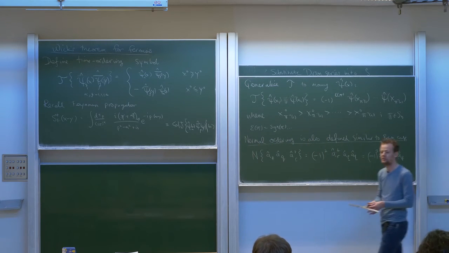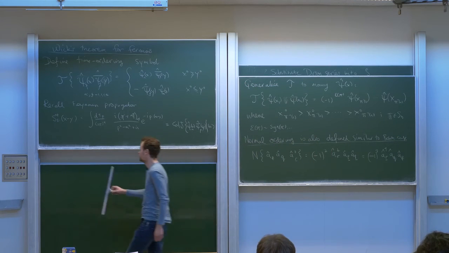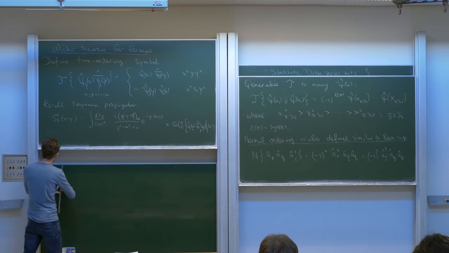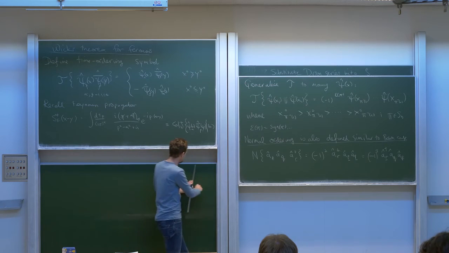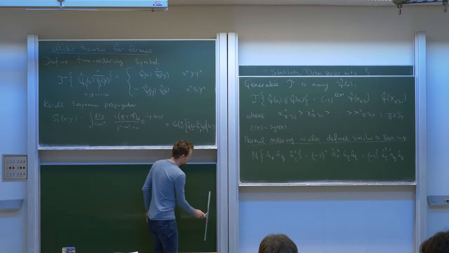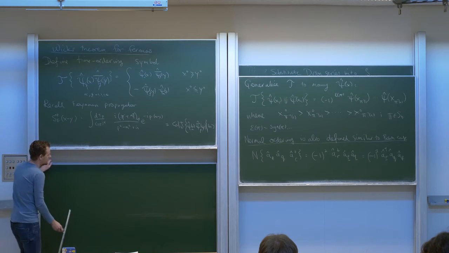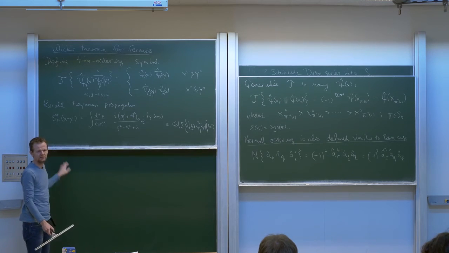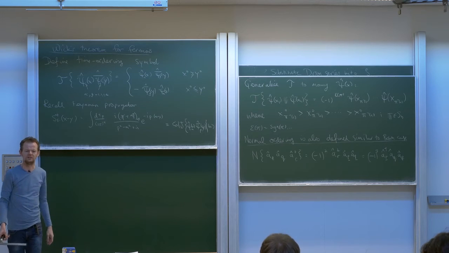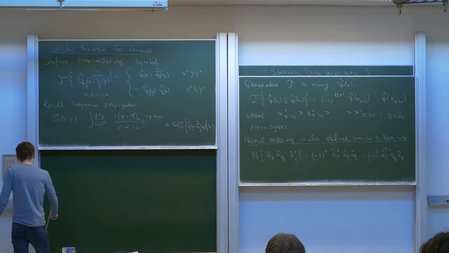I'll also state the general case. I won't prove it. I mean, you can prove it following what you would do for the boson case. It's not a very attractive proof. Even for the boson case, this induction on the number of fields isn't really the most elegant way you can do it.